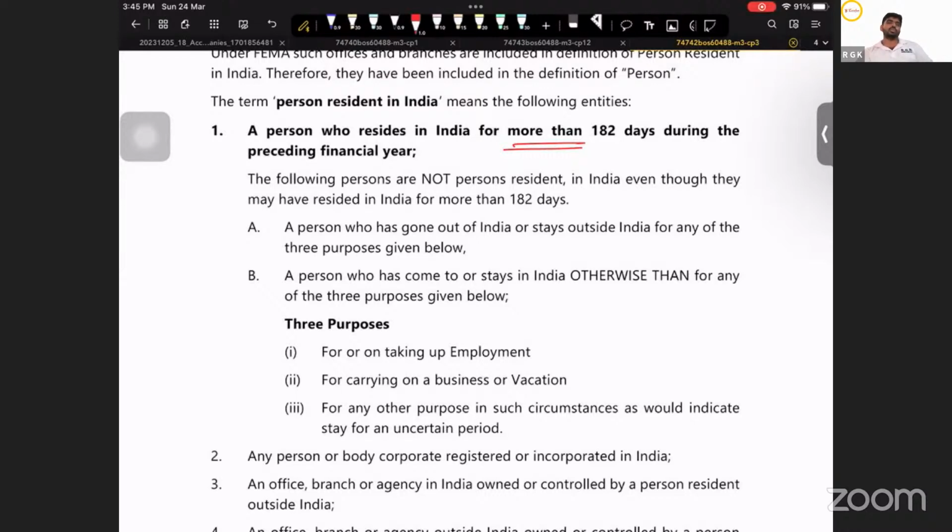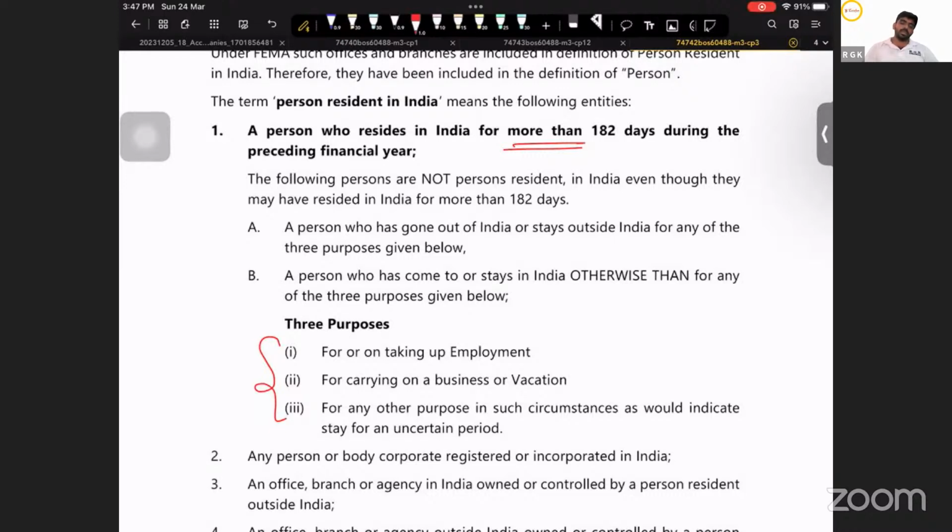If there are circumstances where he does not know for how long he will stay outside, such a person will be categorized as a person resident outside India. If any of these three purposes are met, such a person will be categorized as a person resident outside India.